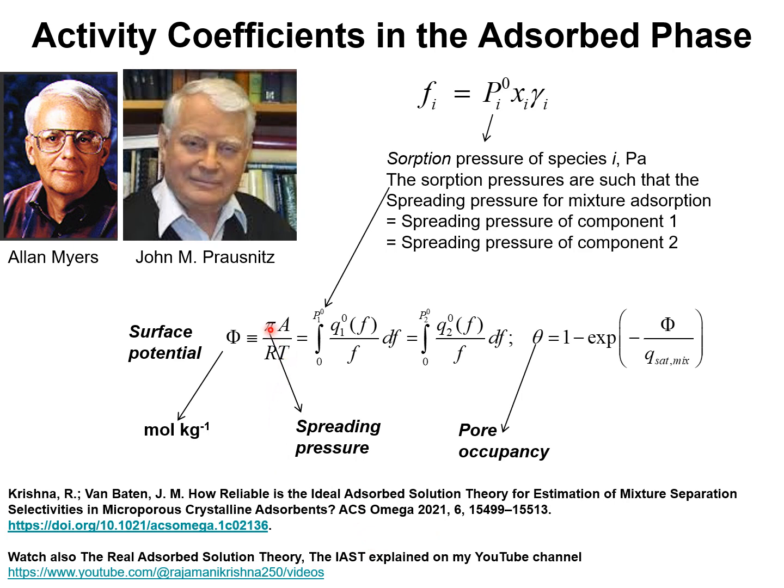The spreading pressure is denoted here by the Greek letter pi, and it is convenient to define a surface potential, which is a product of the spreading pressure in the units of newtons per meter multiplied by the surface area per kilogram divided by the gas constant R times the absolute temperature in Kelvin.